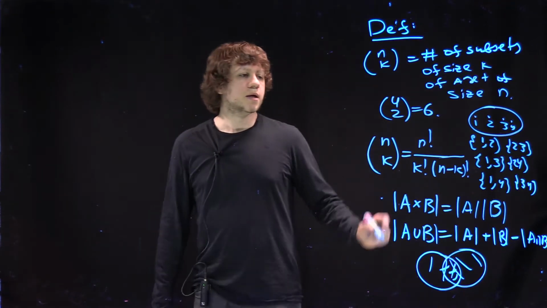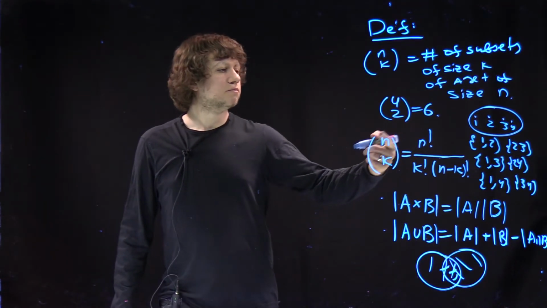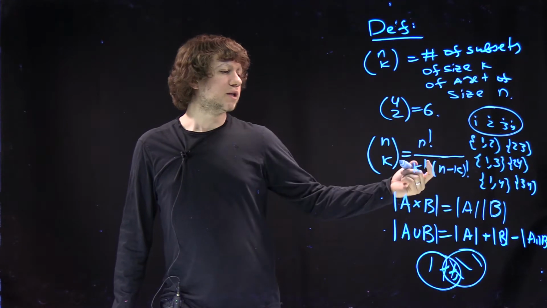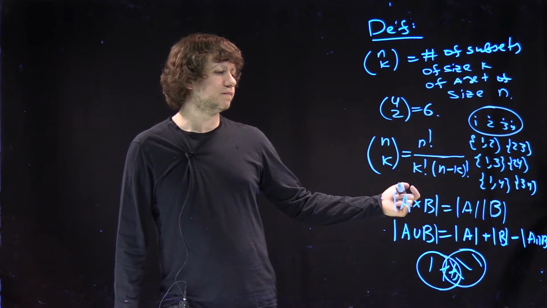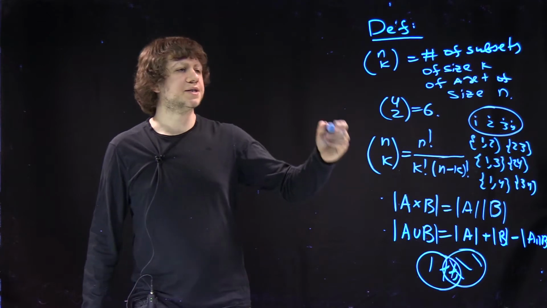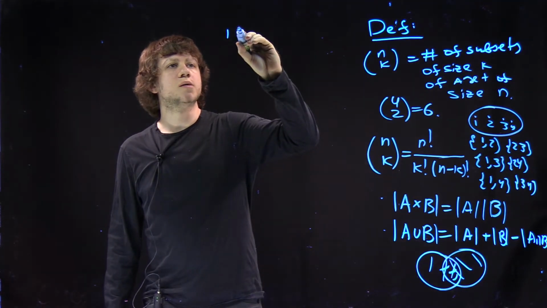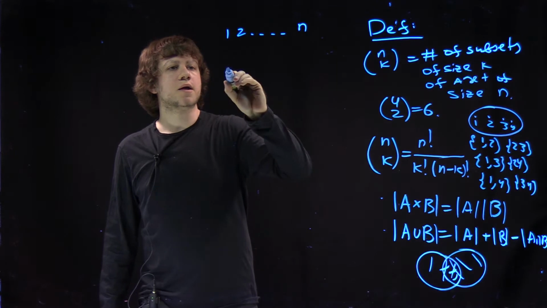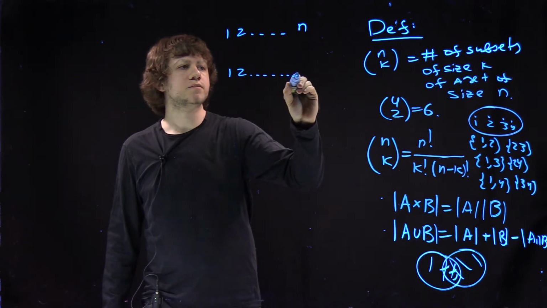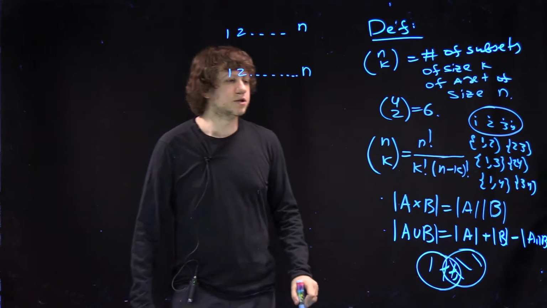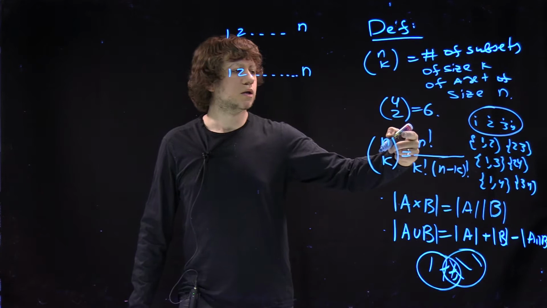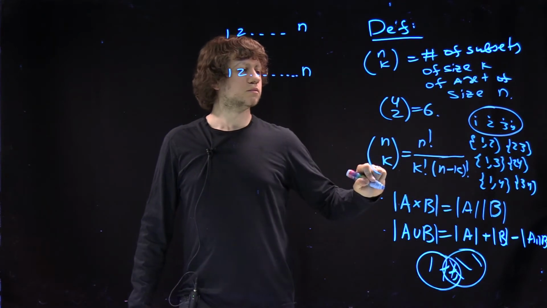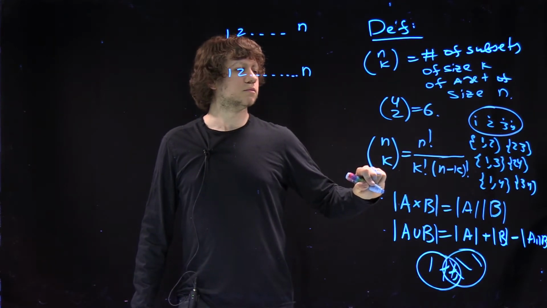Let's see how to prove it. For instance, you can prove it like this. Suppose you have a set 1 to n and a set 1 to n, and suppose you want to look at all permutations.